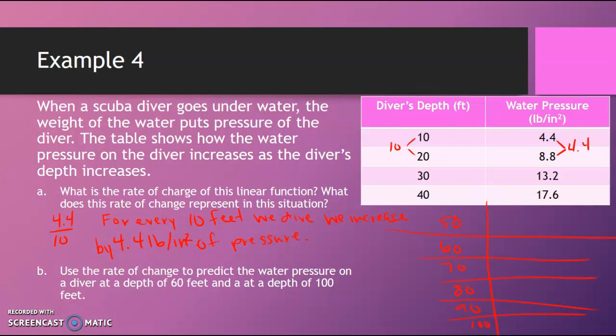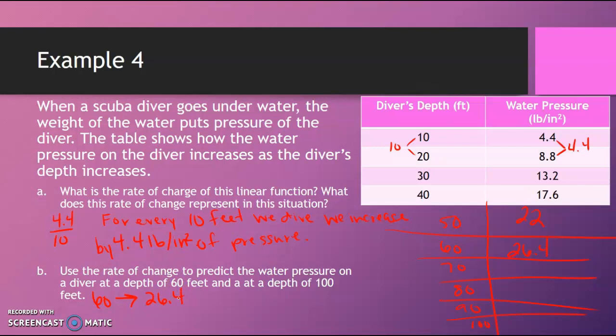And so I'm going to start with the 17.6. And I'm going to add 4.4. And so when I do that, I get 22. And then I'm going to do 22 plus 4.4, and I get 26.4. And so for 60 feet, our pressure is 26.4 pounds per square inch.